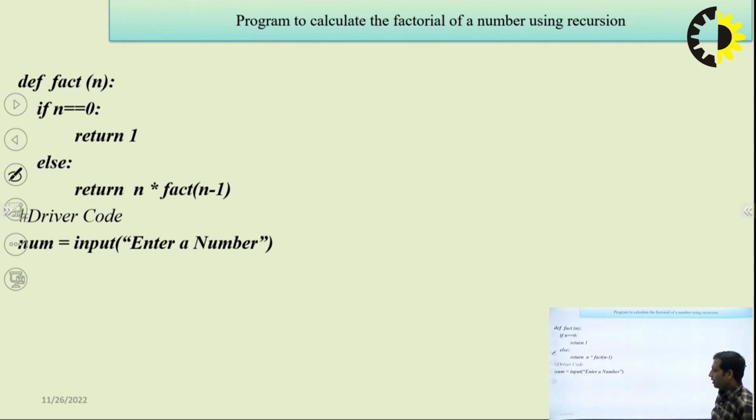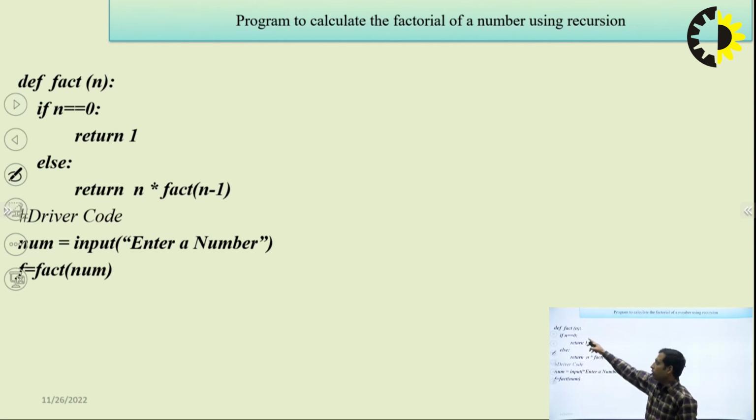We pass this num into the function. We are calling the function fact. Then control goes from here to this function, and the value passes from num to this particular variable n.